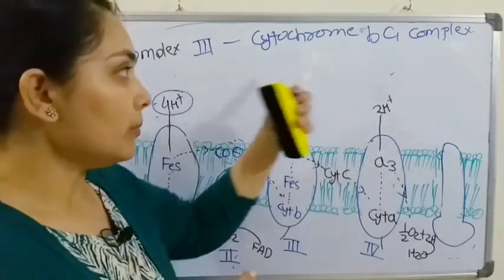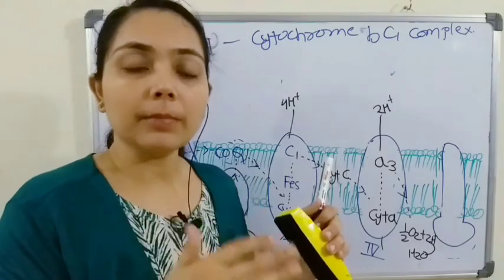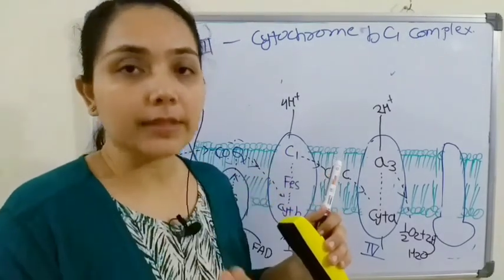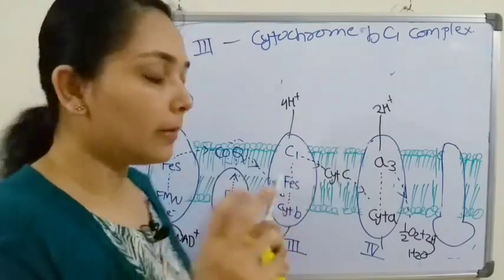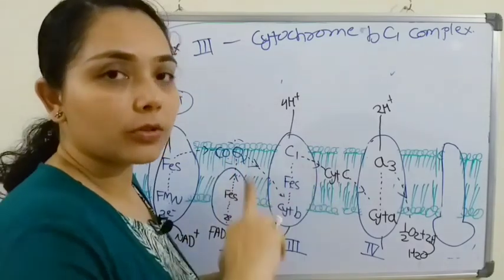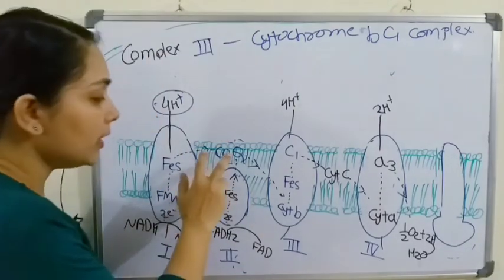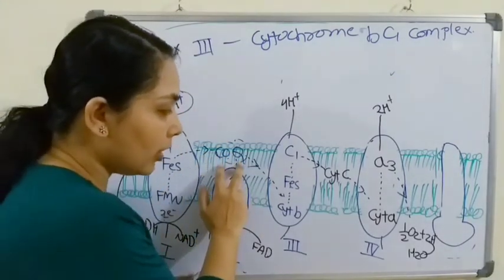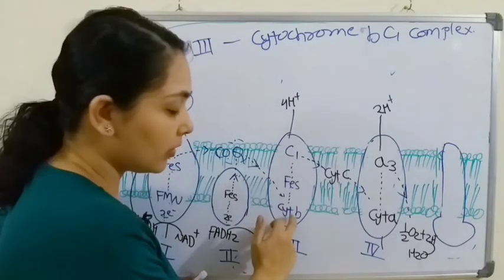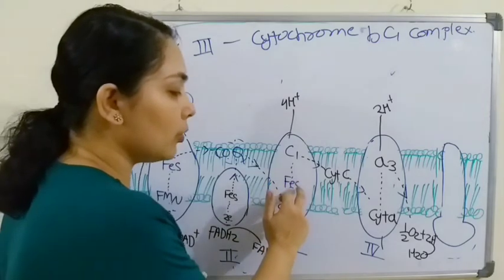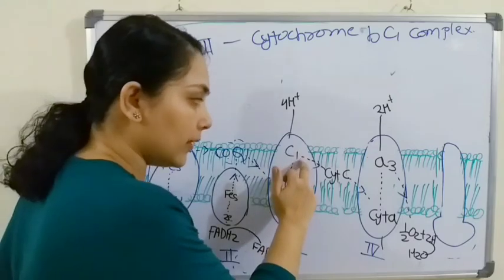There are 3 types of cytochrome, A, B, C, named as per their discovery. The iron present in the heme group undergoes oxidation and reduction, which helps in the transfer of electrons. From ubiquinol, the electron will be accepted by cytochrome b, then from cytochrome b to the iron sulfur cluster, and from the iron sulfur cluster to cytochrome c1.